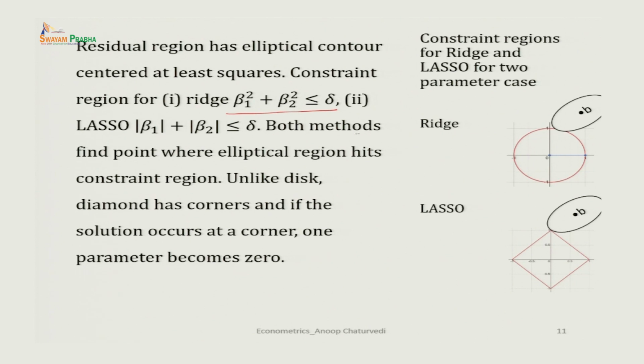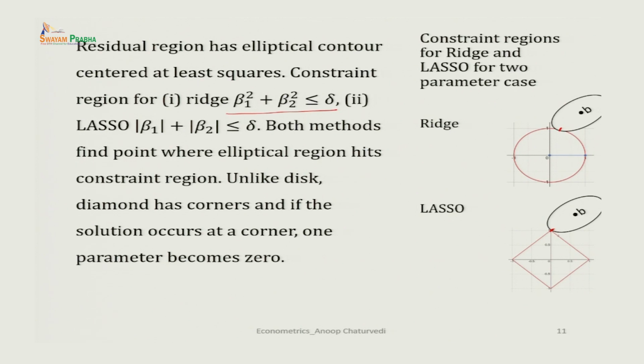Then in both the methods, we find the point where the elliptical region hits the constrained region. So, we try to find out this point or this point. Now, in the case where your constraint region is a circle, this ellipse cannot hit the circle region at 0.